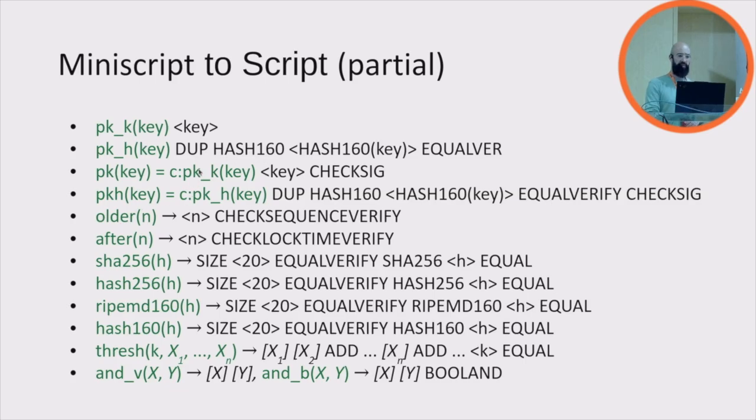Again, we can see that, for example, pk(key) is just checking the signature of a key, and actually you will see that in your resulting script. Etc. For all the other operations, it's just a one-to-one mapping of the Miniscript fragment.